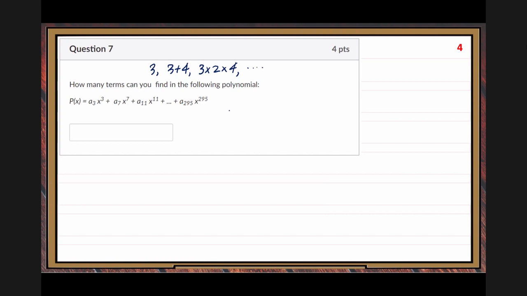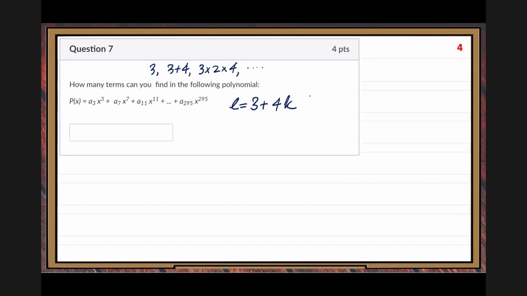So for the subscript or exponent, we can use the formula. Let's use the exponent: T equals 3 plus 4k. That's the observation we have from this question.